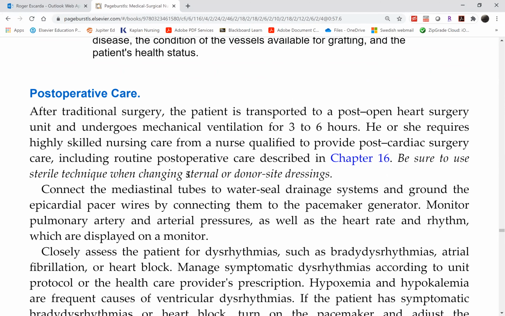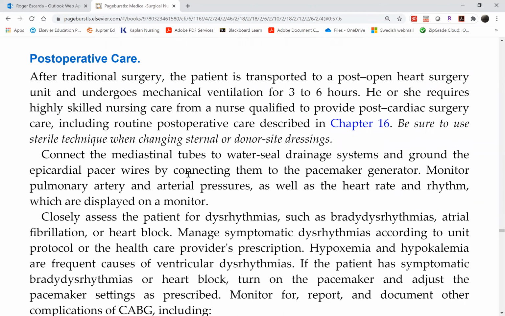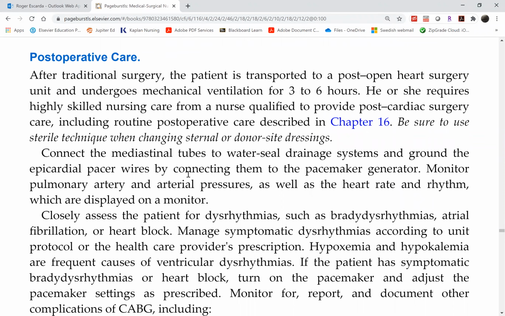The surgeons weren't using any staples or sutures anymore. So it's just glue. The legs, though, you will have incisions there. You will have staples or sutures in the leg incisions if the veins were taken from the legs. And of course, if an internal mammary artery was used, then you won't see any leg incisions, just a sternal incision.